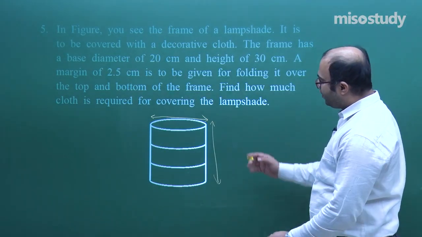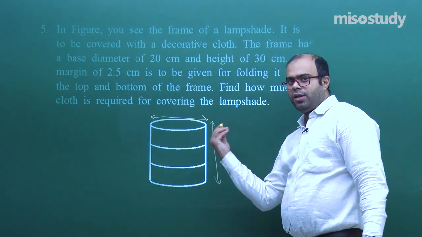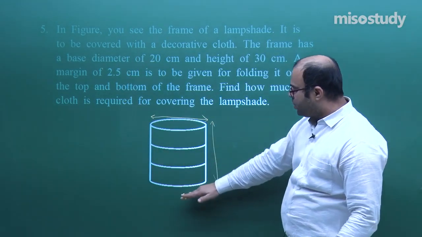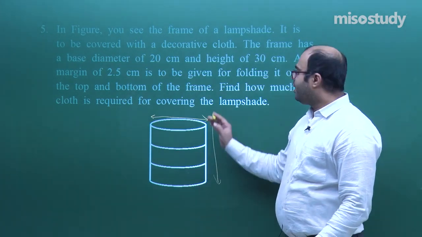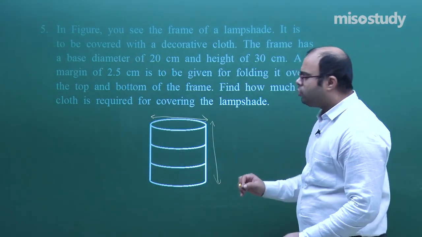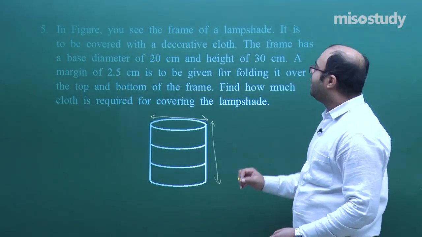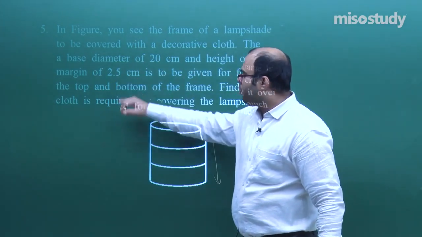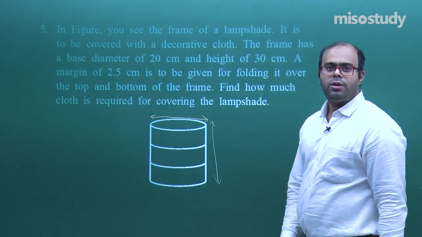So what we have to do when we want to wrap it with the cloth, we have some margin above it, some margin below it for the cloth, so that we can wrap it above as well as below. So can we say that the actual length of cloth which we need is 30 centimeter height plus 2.5 centimeter for top plus 2.5 centimeter for bottom.